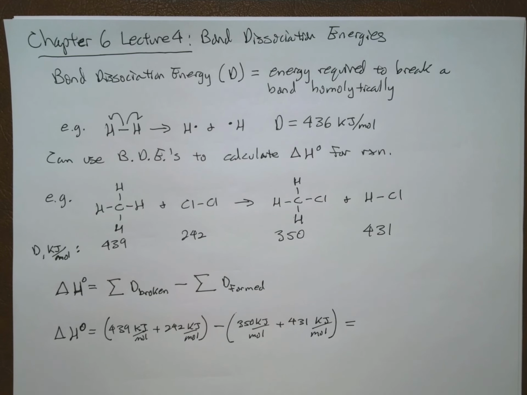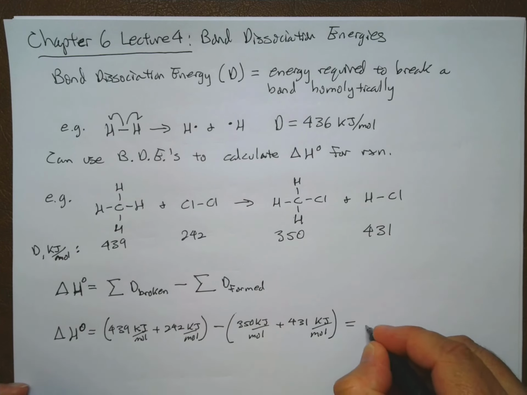Getting my trusty calculator, that is my phone, out, 439 plus 242 equals that, minus 350 equals that, minus 431 equals minus 100.